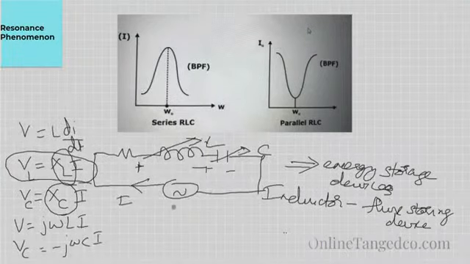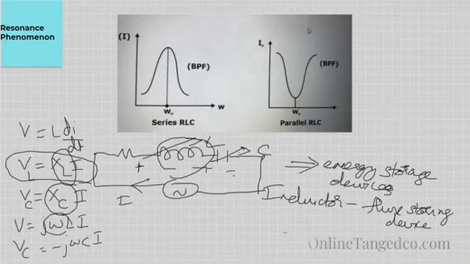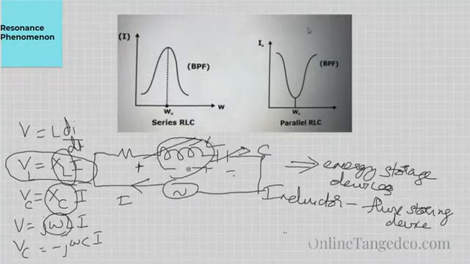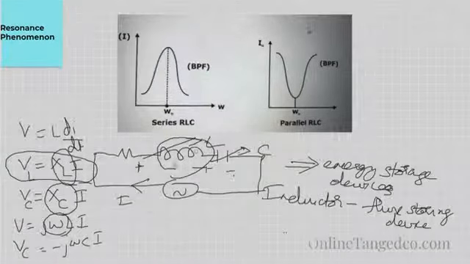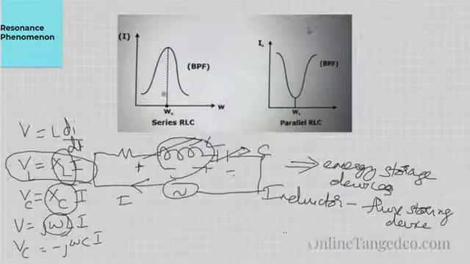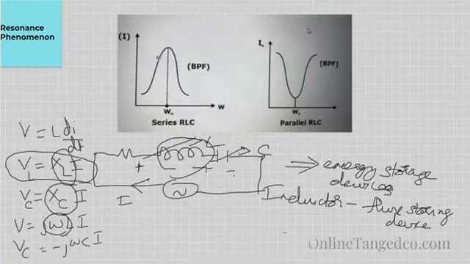Okay. So what you can notice is that here there is a voltage drop and here there is a voltage rise. So at one particular frequency, what happens? The voltage drop here and voltage rise here will get cancelled, and your current through the circuit becomes maximum. So what we are doing here is varying the energy storage capacities of the inductor and capacitance, and matching them at one particular frequency, making the current maximum possible through the circuit.